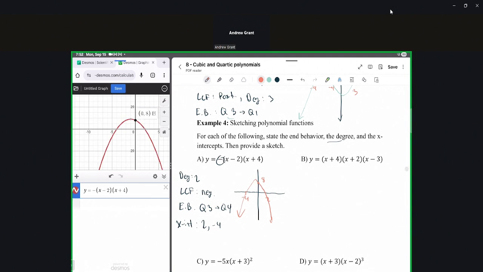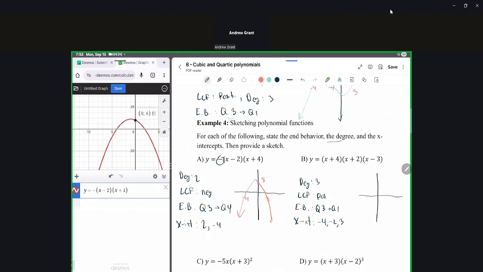Okay. For letter B, we have y is equal to (x plus 4) times (x plus 2) times (x minus 3). So this is going to be a degree 3. The leading coefficient is going to be positive. The end behavior, and again, I'm just reading the chart from above, will be quadrant 3 to quadrant 1. And the x-intercepts are negative 4, negative 2, and 3.